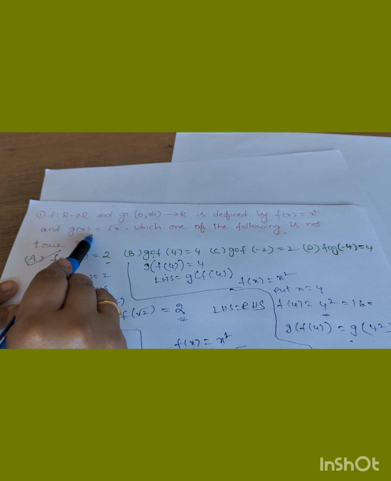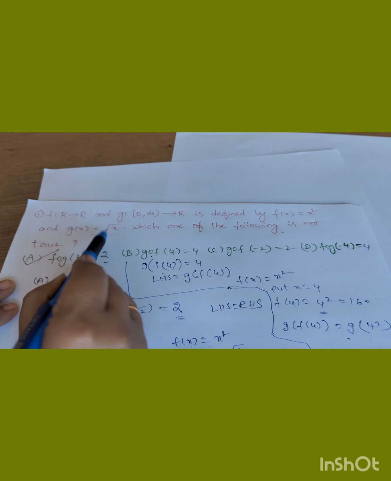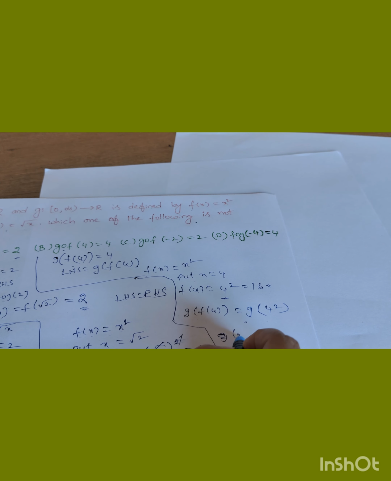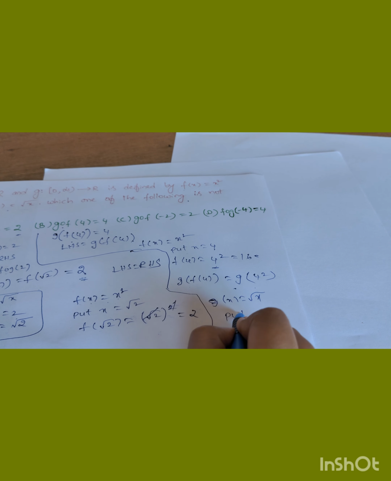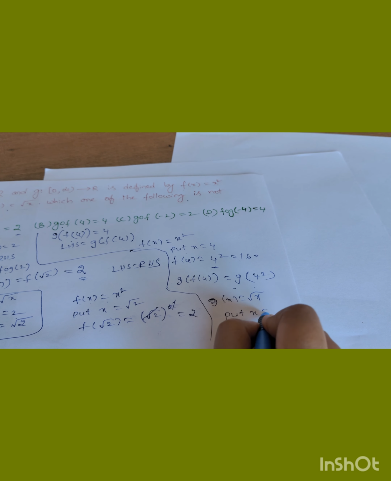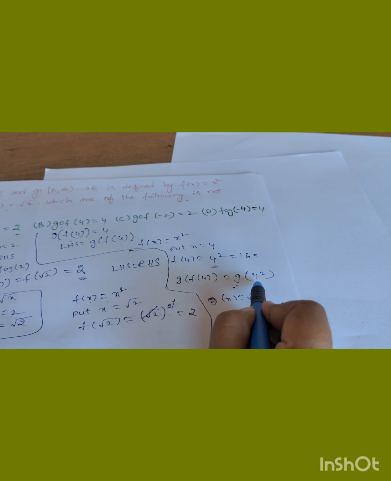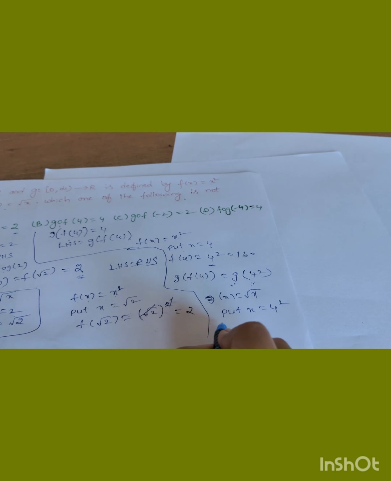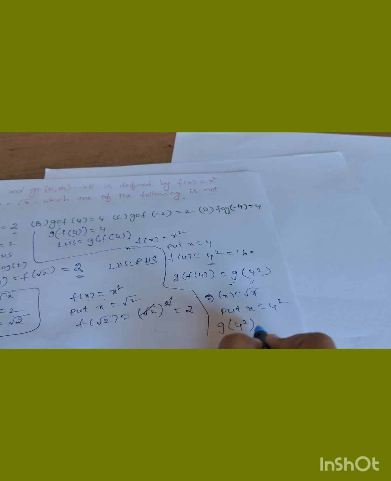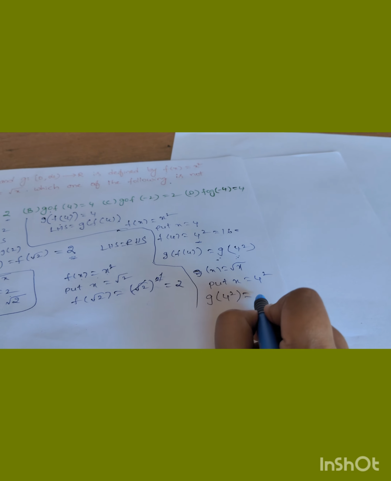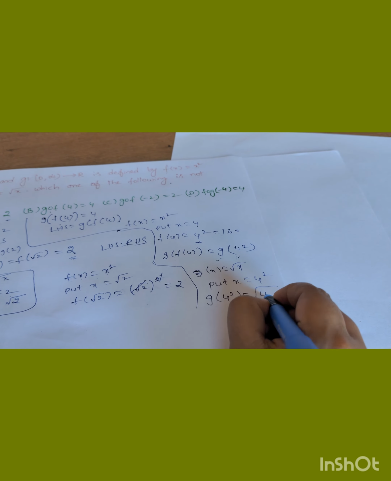Now g of x in the question is root x. Put x is equal to 4 square. So we need to find g of 4 square. Then g of 4 square is equal to root 4 square.